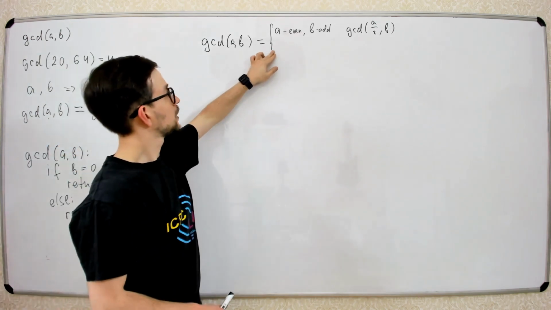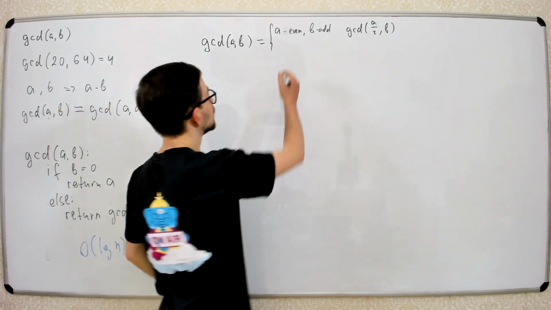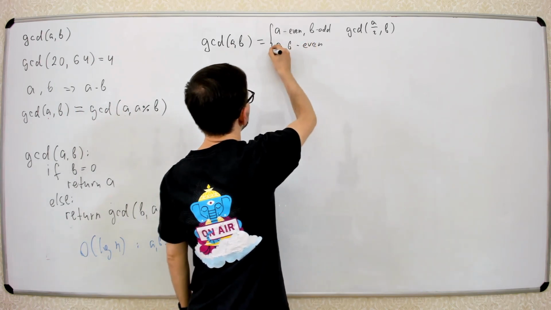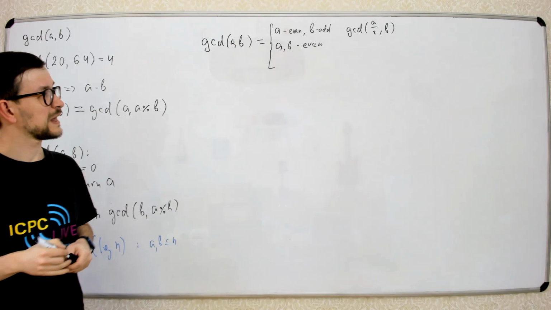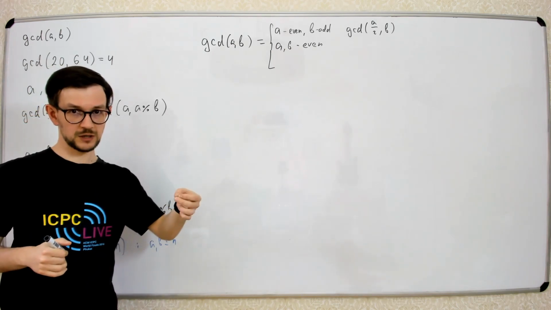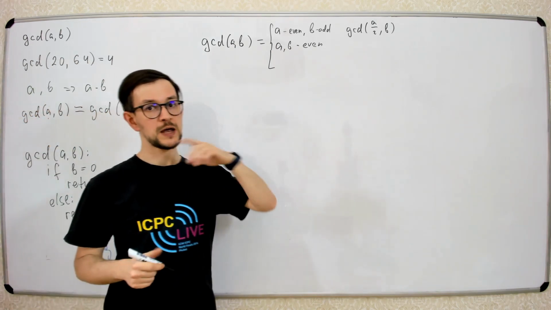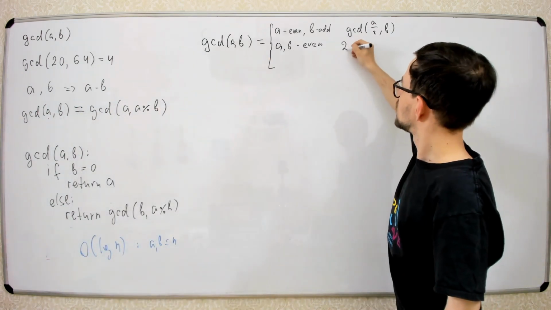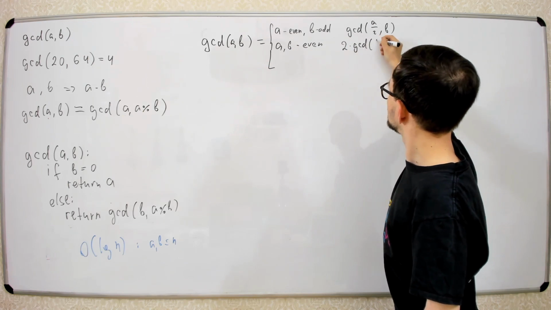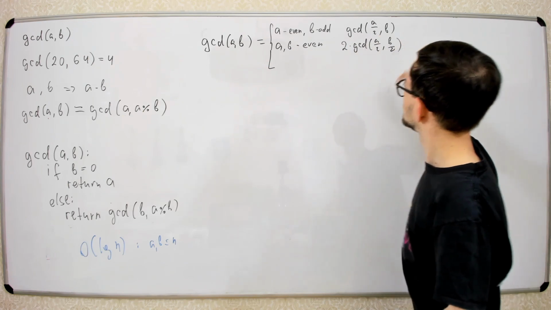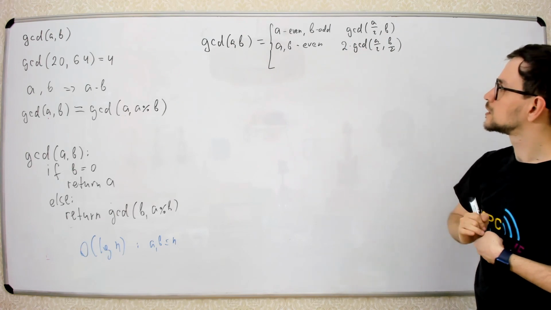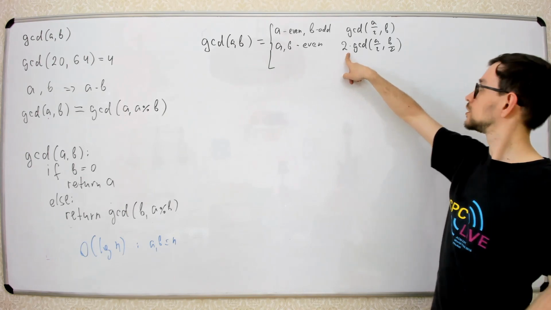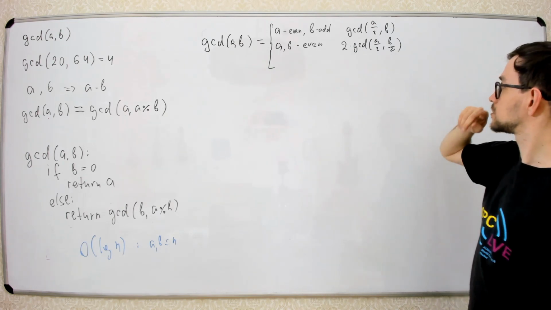What next? If both A and B are even, then 2 is a common divisor of A and B. We can take the 2 out of the brackets and say that the greatest common divisor of A and B is 2 multiplied by GCD of A over 2 and B over 2. We know that 2 is a divisor, so we take 2 out of this function and calculate the greatest common divisor of these two things.